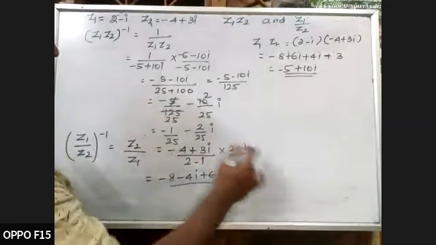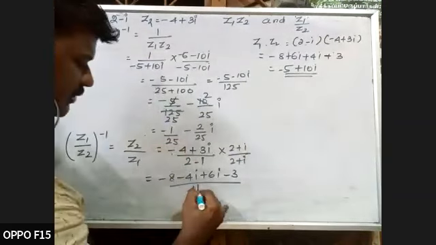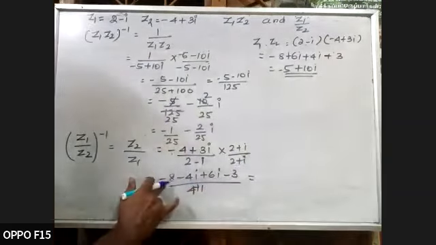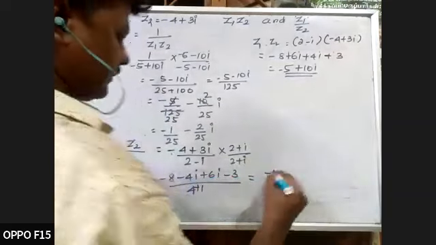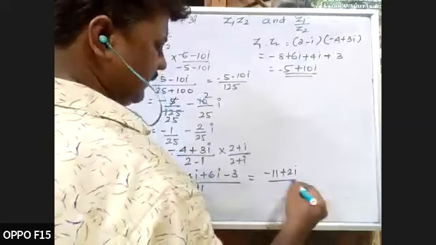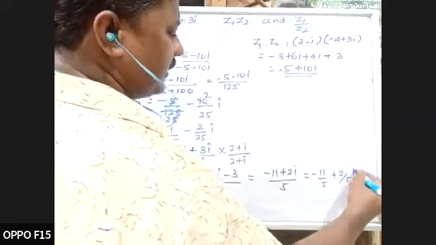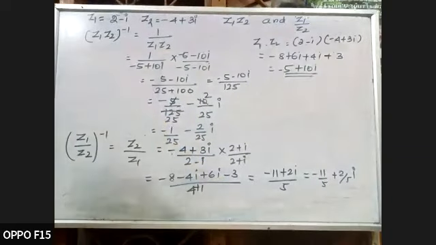Divided by (a plus b)(a minus b): 2 square is 4, minus i square is minus minus 1, which is plus 1. Therefore, we have minus 8 minus 3, minus 11, and 6i minus 4i is 2i, divided by 5, which is equal to minus 11 by 5 plus 2 by 5 i. That's all. Please take down minus 11 by 5 plus 2 by 5 i.